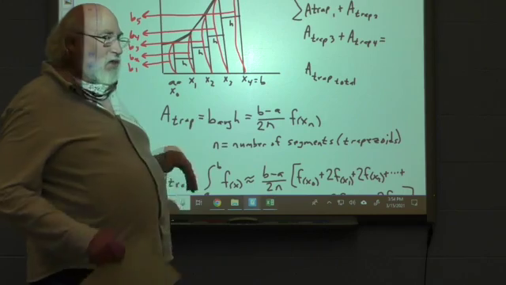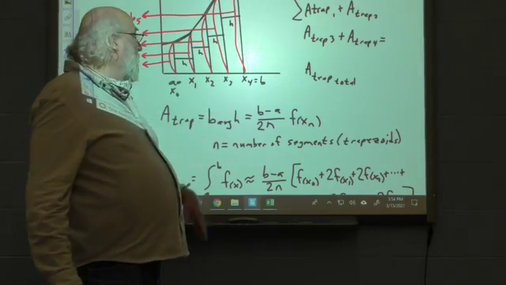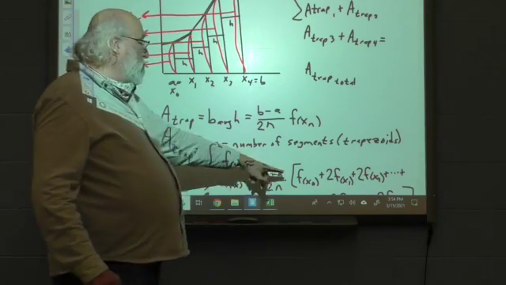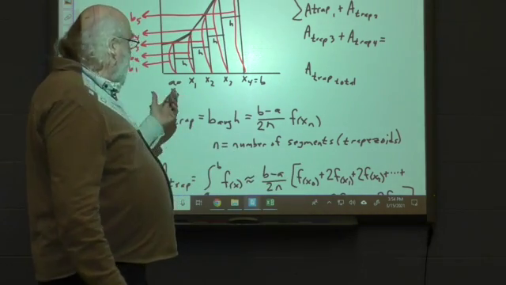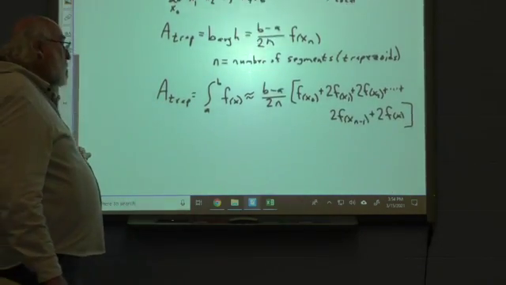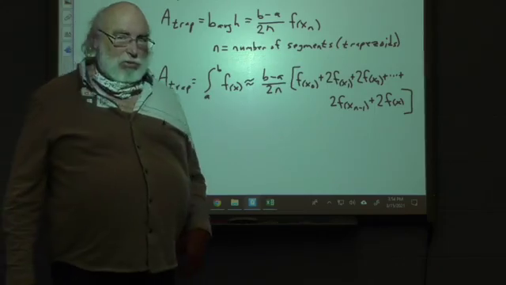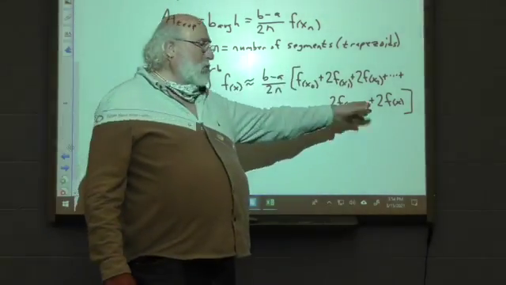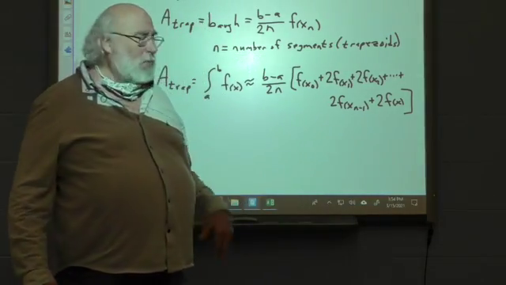You have 4 segments. If you have 8 segments, you have 9 lines. So each of those values of Y that are calculated from the function of X, as X changes each time, is going to give us our values here. And so this is the general formula we're going to use, and I'll do 2 examples of this actually.